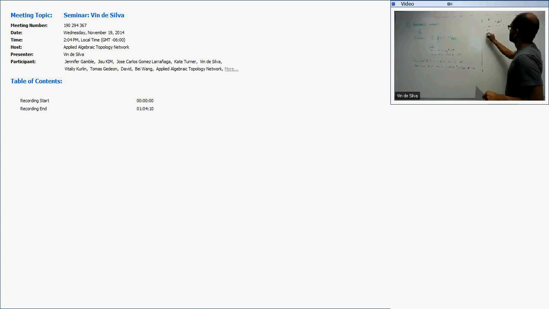And let's say arbitrary categories. And what we're going to do is run with the idea that the persistence module is just a functor.